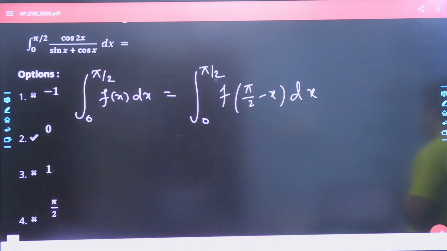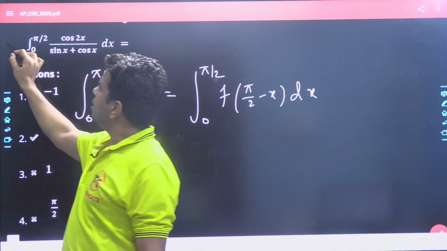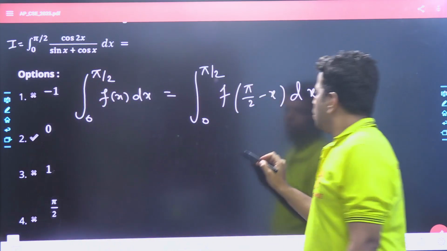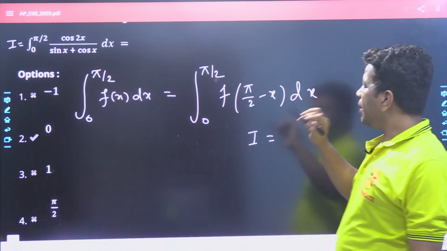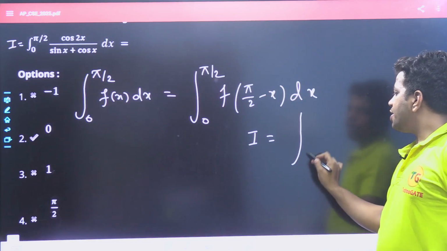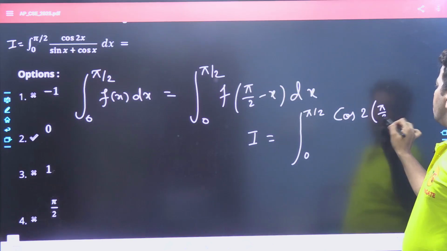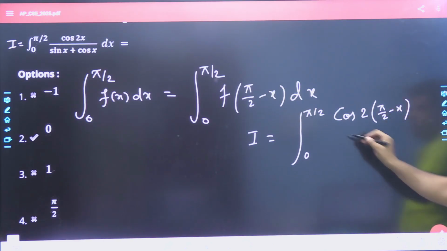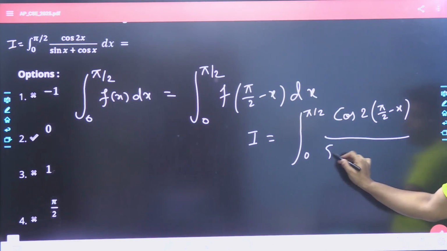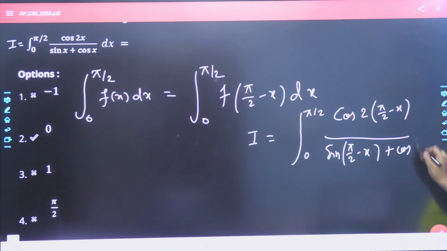Apply this; this complete equation is equivalent to I. So at the place of x, if we put pi by 2 minus x, this is the integration from 0 to pi by 2 of cos 2(pi by 2 minus x) divided by sin(pi by 2 minus x) plus cos(pi by 2 minus x) dx.